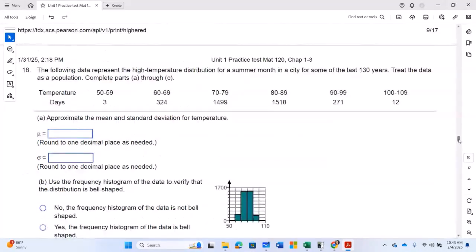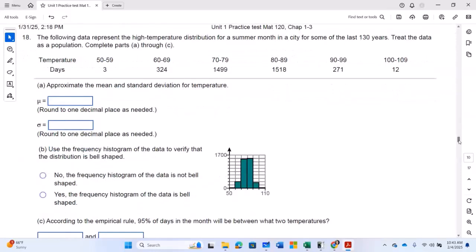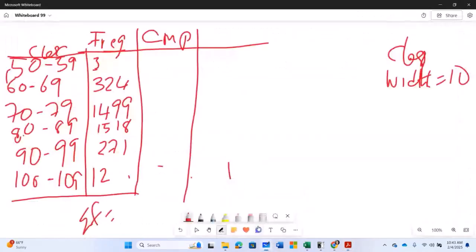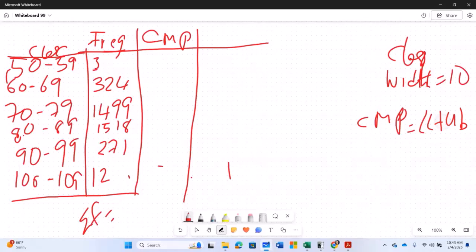All right. So the next thing I want to do now is put this data here. The next one is find the class midpoint for each class. Class midpoint is lower limit plus upper limit divided by 2 for each class.